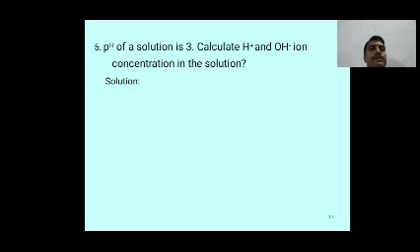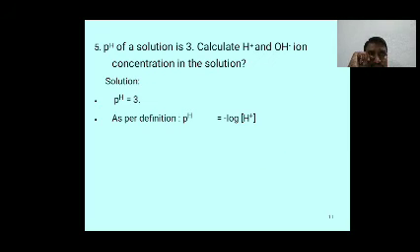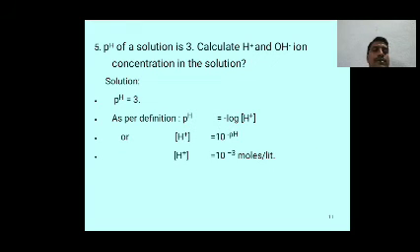The pH of a solution is 3. Calculate the H+ and OH- ion concentration in this solution. pH is 3. Therefore, H+ ion concentration is equal to 10^-pH, so H+ ions is equal to 10^-3 moles per liter. pH plus pOH is equal to 14.